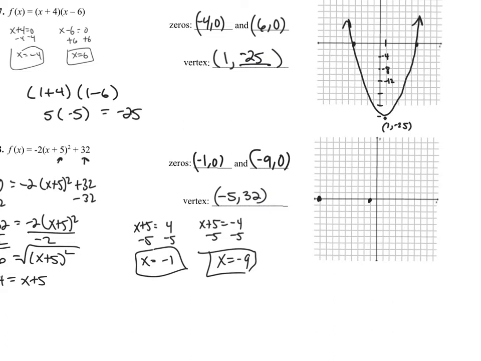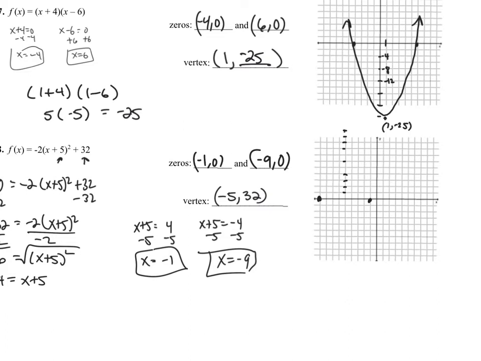And we'll go up by 3s. So 3, 6, 9, 12, 15, 18, 21, 24, 27, 30, 33.